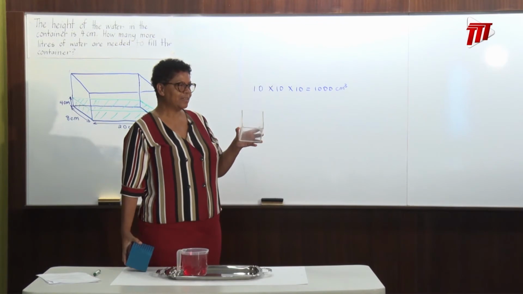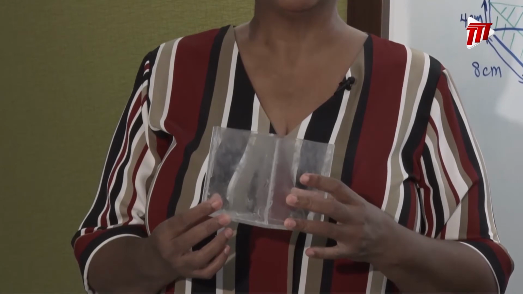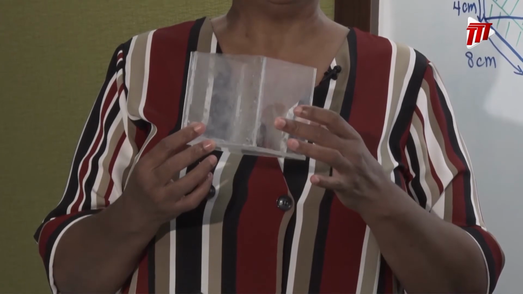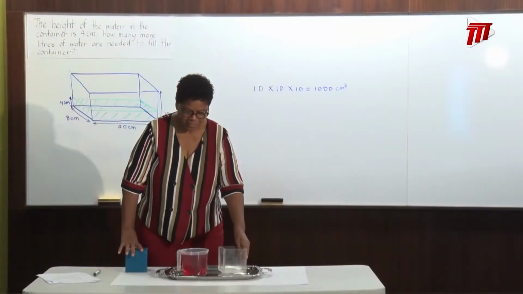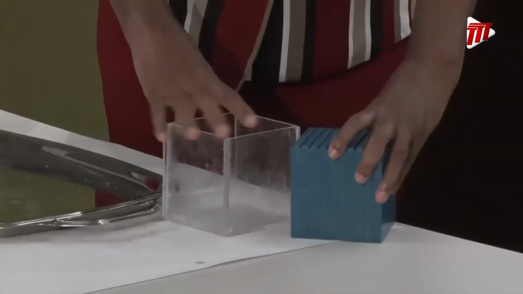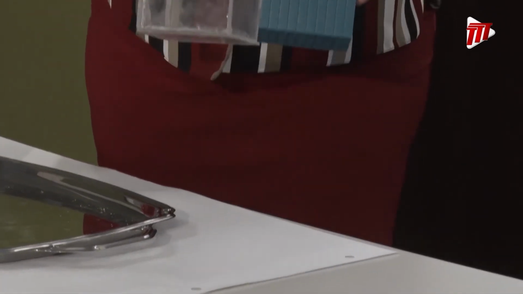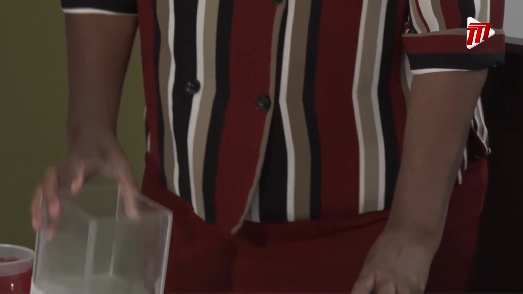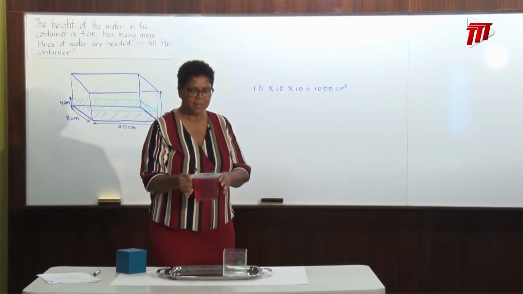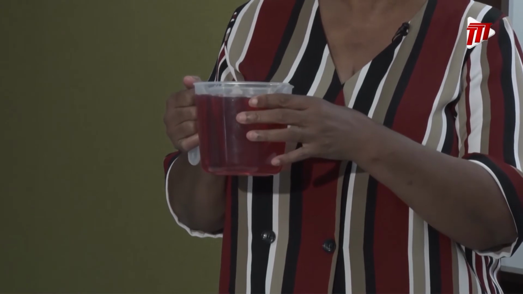I have a container that has the same dimension, 10 length, 10 width, and 10 height. I'm going to put it next to my cube so you can see the measurement. Now in my jug here, as I showed you before, I have 1 liter of water.